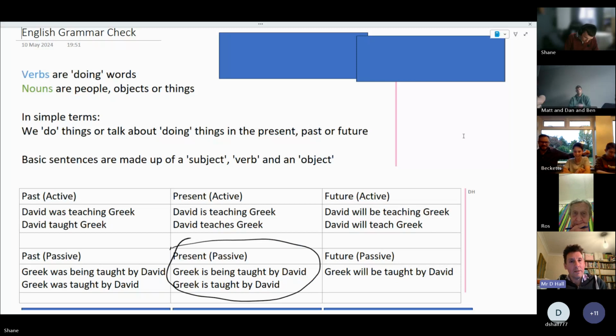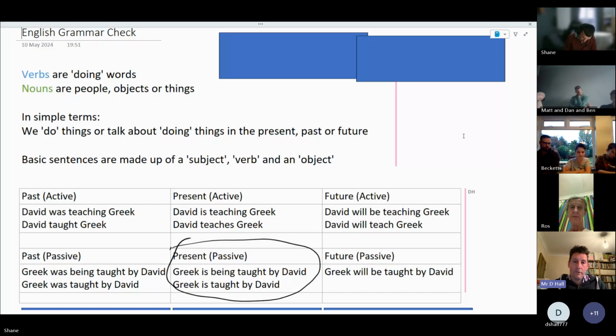In the present passive, Greek is being taught by David. If you think about what's actually happening, I'm doing the teaching. I'm doing the action of the verb, but we've written it in a different way. We have a clever way of doing our language, and sometimes we want to emphasize things. So we can write things in what seems to be backwards, but still means the same thing.